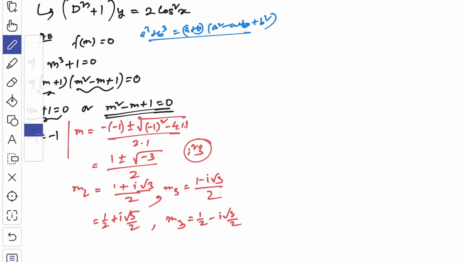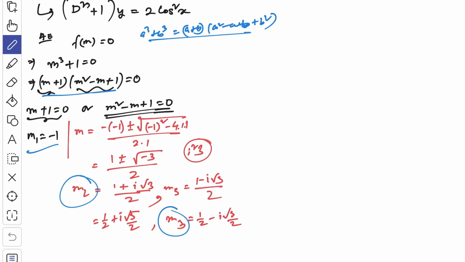So these are the three roots we have got, this one and this one. These are the roots of the auxiliary equation. Here you see m1 is the real root. So for this our CF should be C1 e to the power minus x.